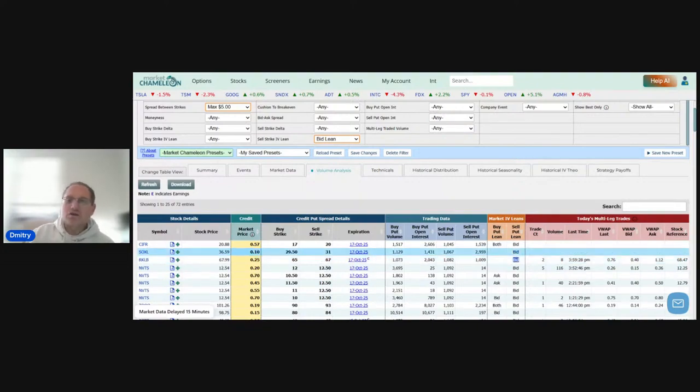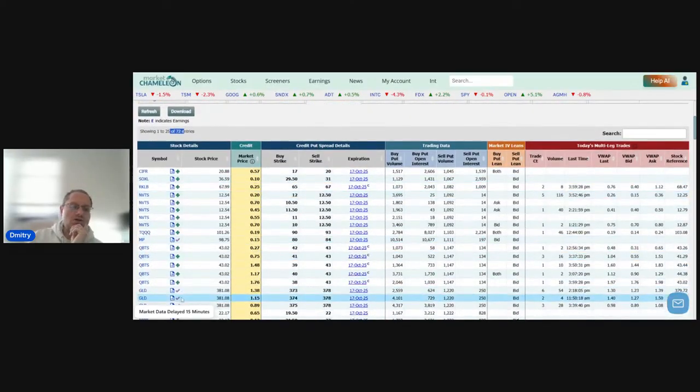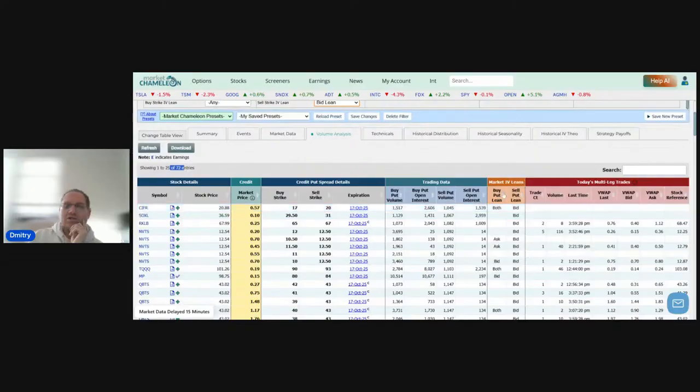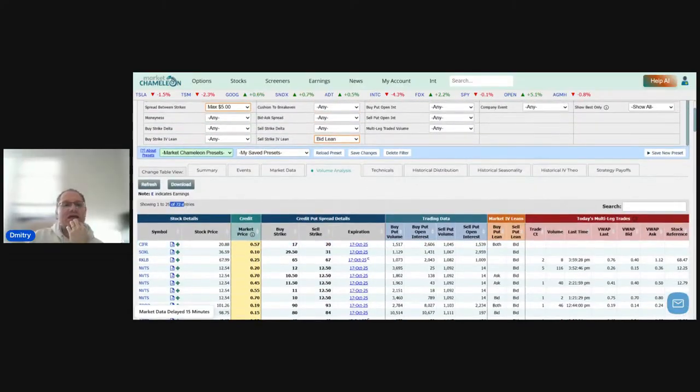What about on the other side? We could even squeeze in more. Now I've got 72 potential things to look at. But let's say we want to do an ask lean on the buy strike.